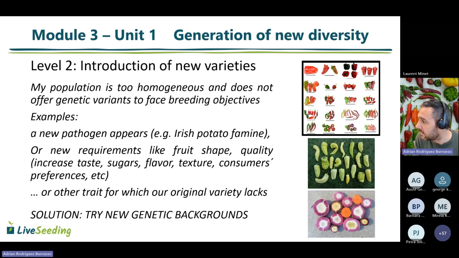There you can see the diverse varietal types we worked with during this project.